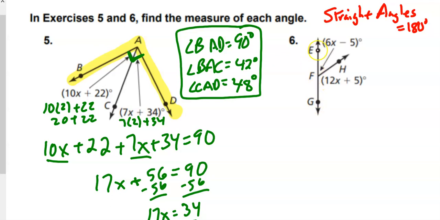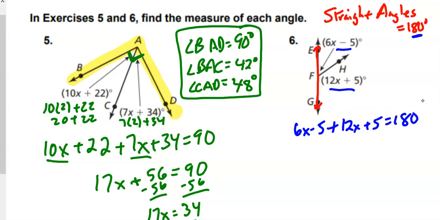So EFG is a straight angle. And therefore, we know that angle EFH plus angle HFG are going to add up to 180. So they're supplementary. So 6x minus 5 plus 12x plus 5 would equal 180.